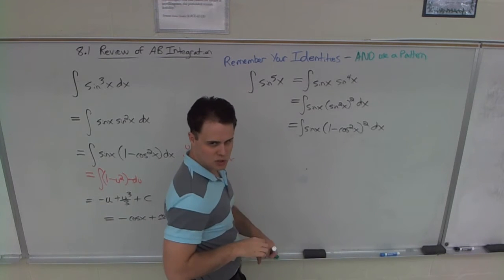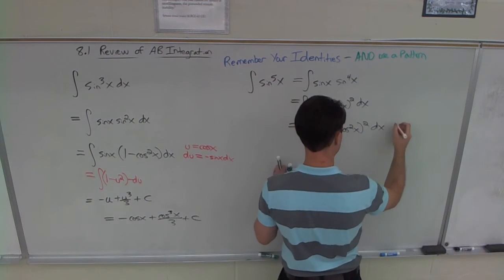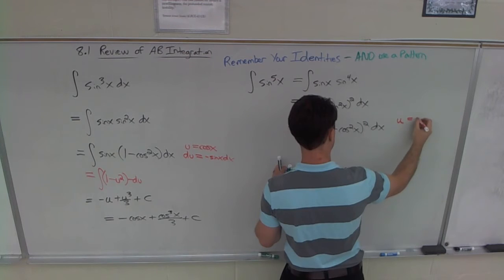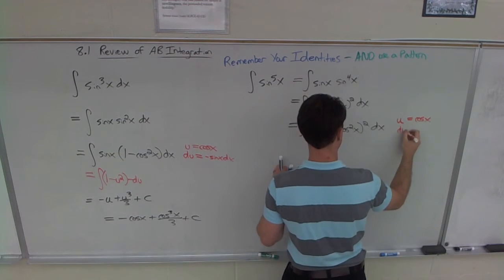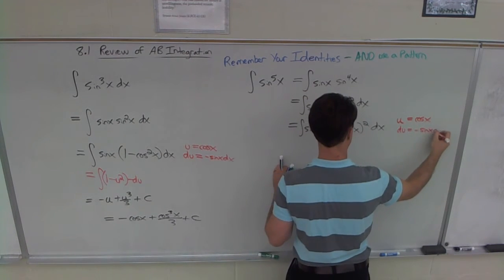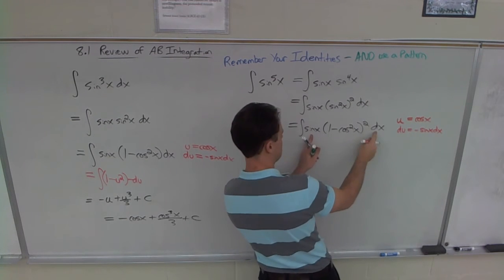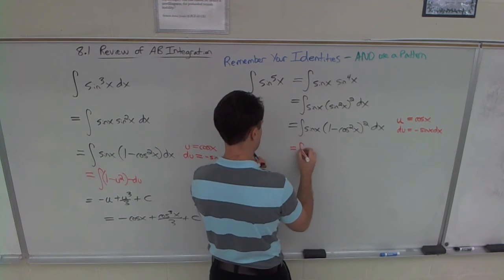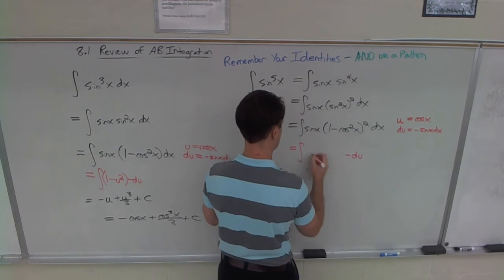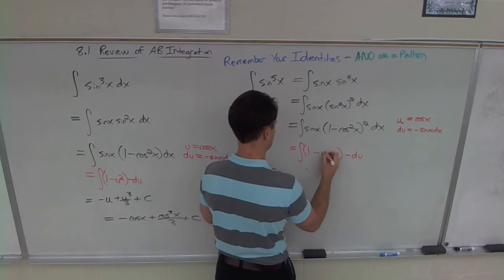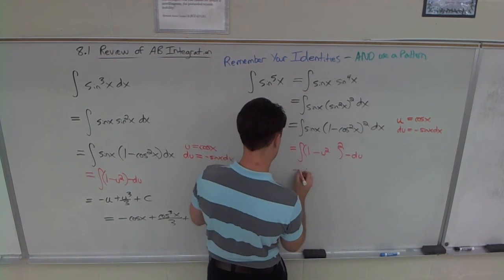And I think the same u substitution works, so I'll do it in red again. So u is cosine, du is negative sine dx. You've got sine dx right there, so just make that negative du. Now you've got 1 minus u squared squared.